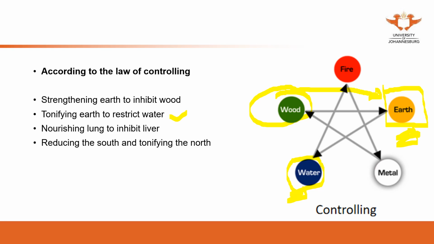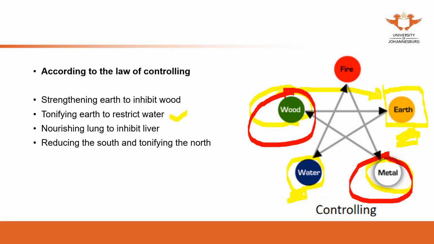Third, nourishing the lung to inhibit the liver. When we talk about the wood and the metal, in this situation it's the wood insulting the metal. We need to nourish the lung to control the wood.